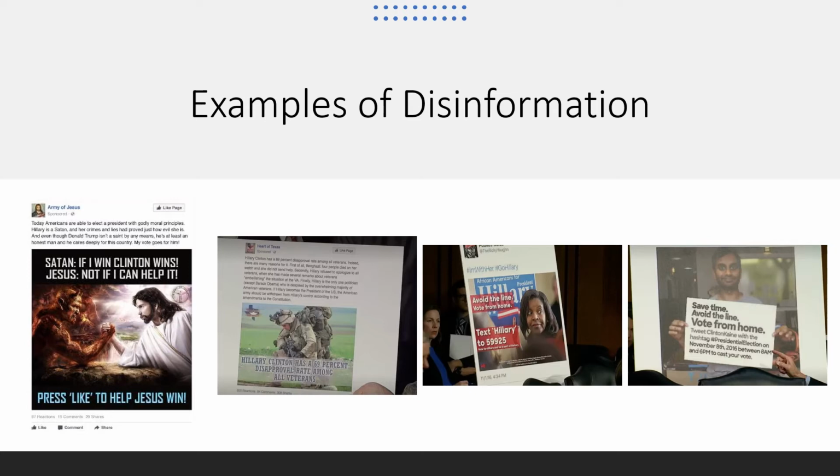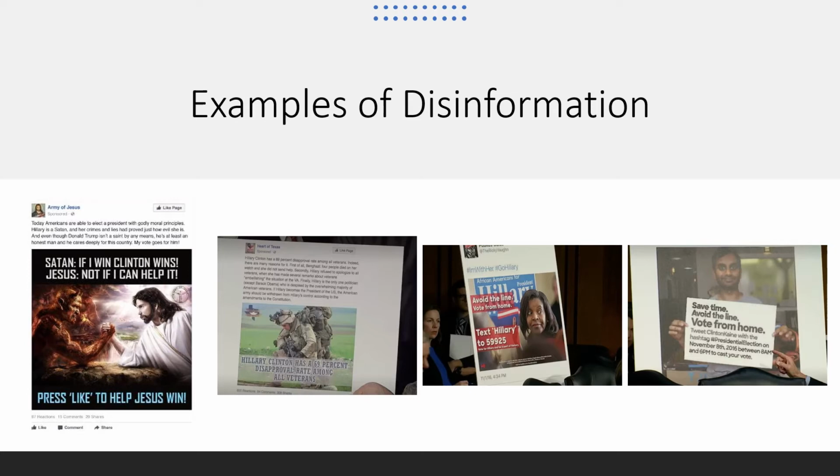The next two were found on Twitter, and these both discuss how you should vote, and voting by text or by tweet. The problem there, hopefully you'll recognize, is that you cannot vote by text or by Twitter.